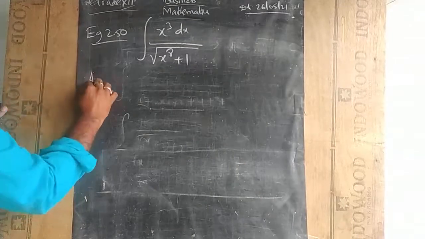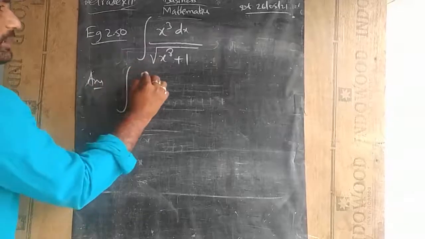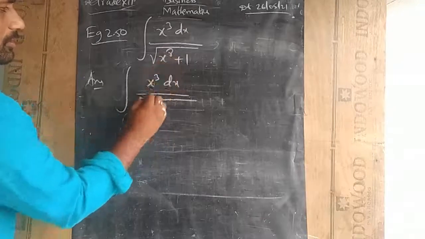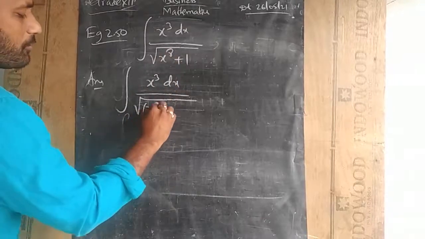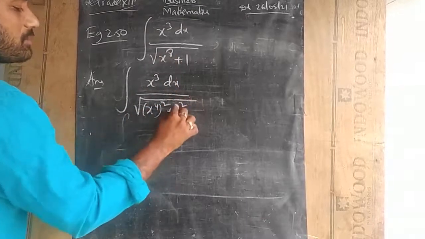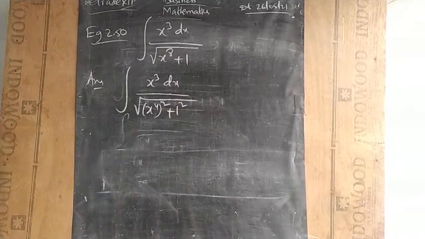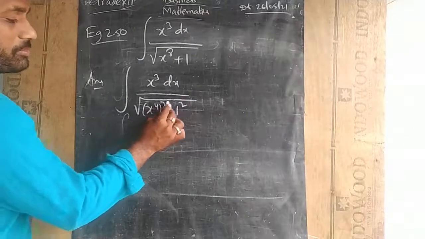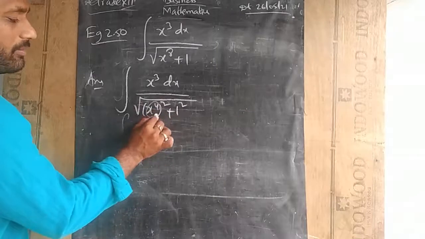The root of this can be written as (x power 4) whole square plus 1 square. So in the denominator it looks like a square plus b square. Now, there should be x square here, but we have x power 4.